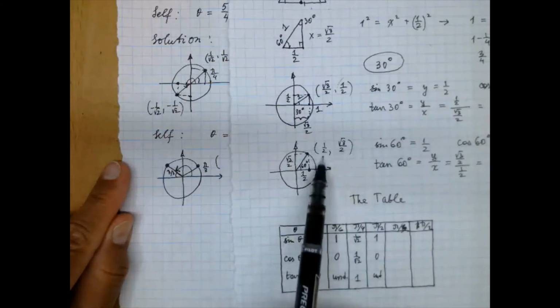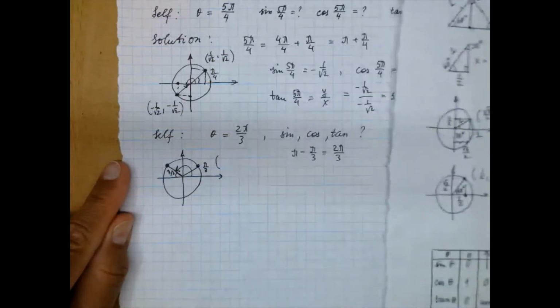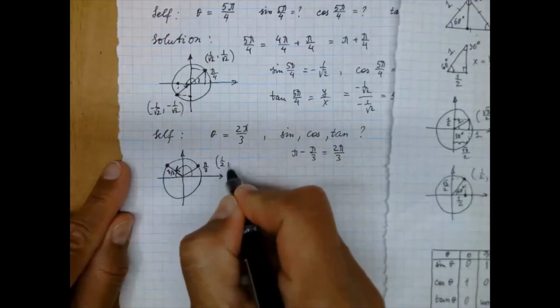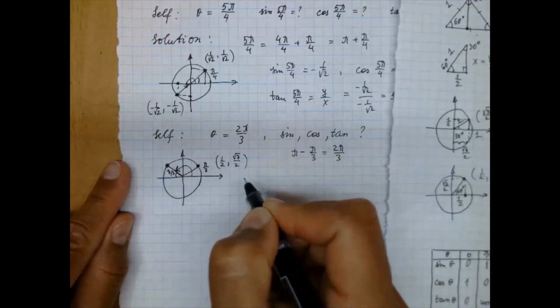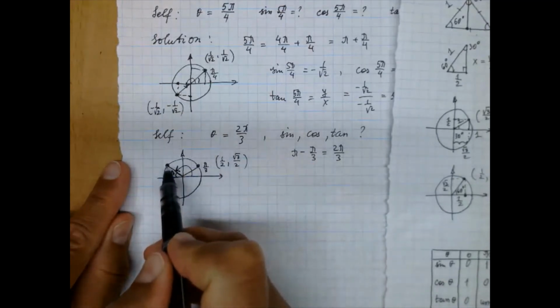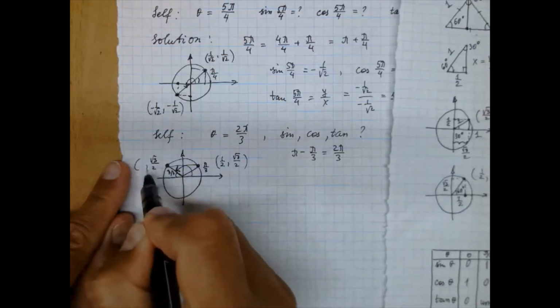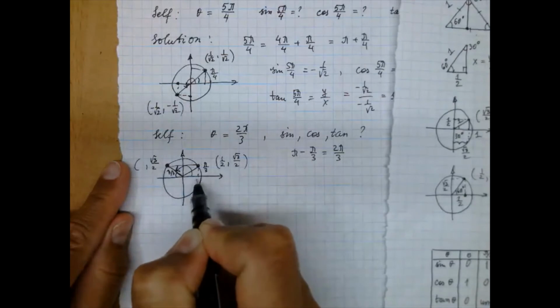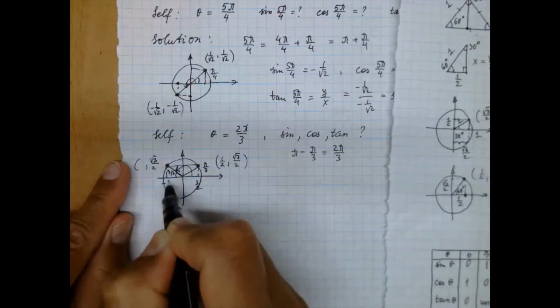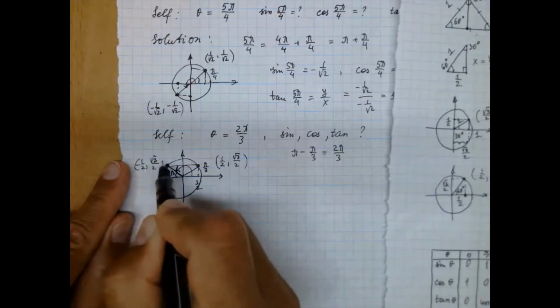And you see the coordinates are 1/2 and square root of 3. I'm going to put them 1/2 and square root of 3 over 2, right? So what are going to be the coordinates here? Well, you see that the y coordinate is the same, so it's square root of 3 over 2. The x coordinate, which is 1/2 here, is going to be opposite over here, negative 1/2.